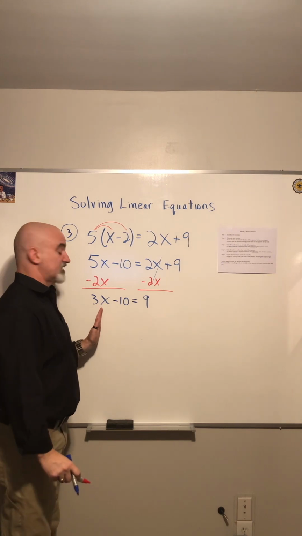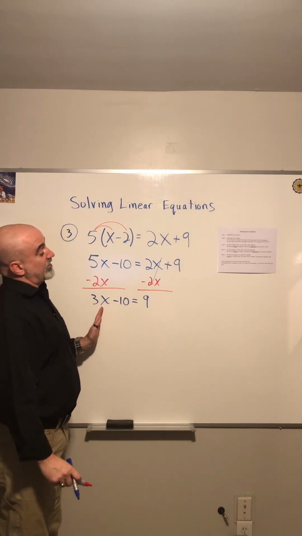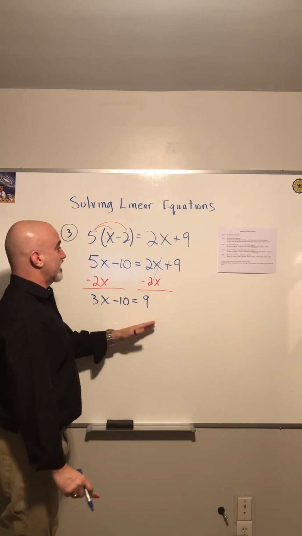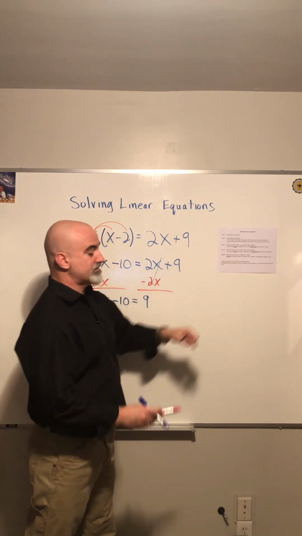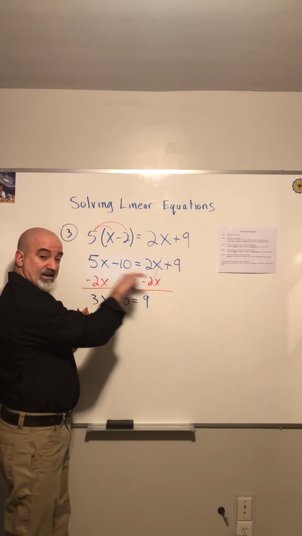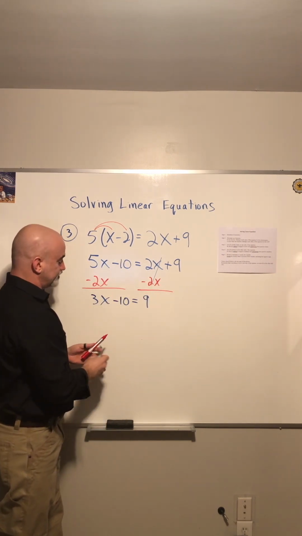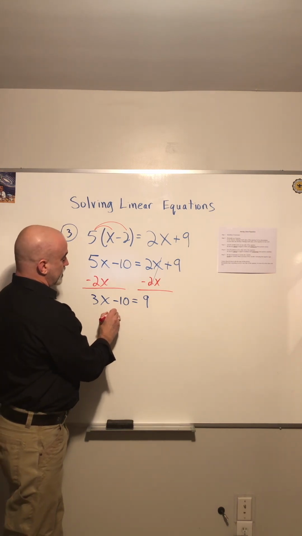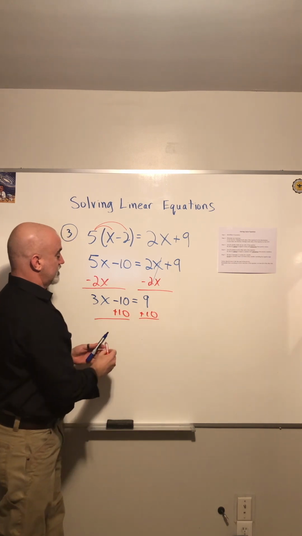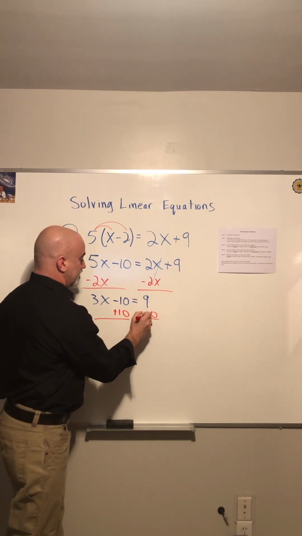We've got all the variable terms on the left side, and now we need to get the number terms on the other side. So step 4 is to get all numbers on the other side of the equation. So we've got our variables on the left. Anything that's not a variable has to go on the right. So minus 10, I'm going to go plus 10, plus 10, which just looks like a 10.